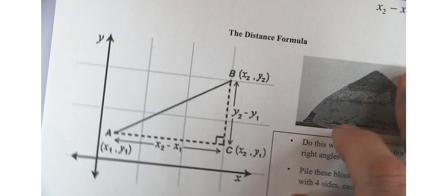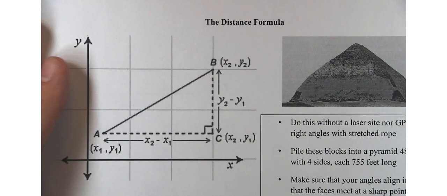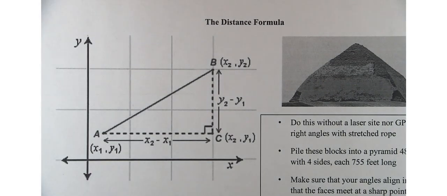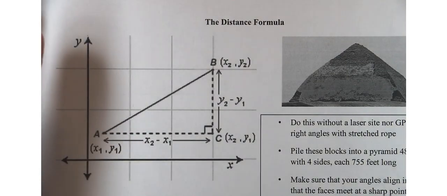Let's go back to our handout right here. I want to come up with a distance formula for the distance between a couple points. Well, let's take a look here.